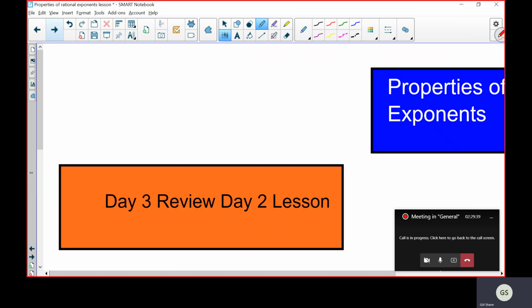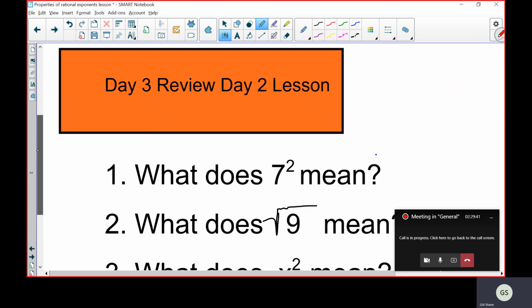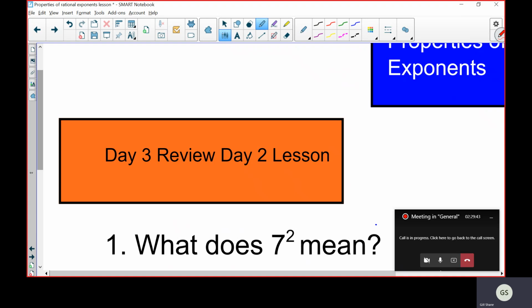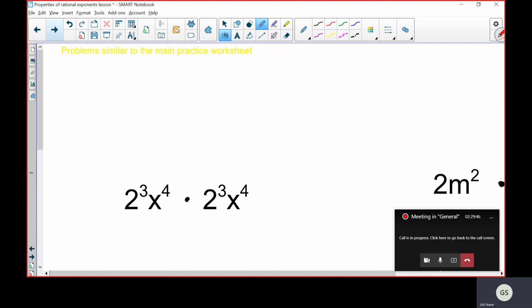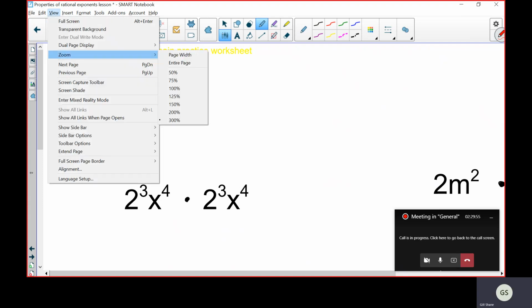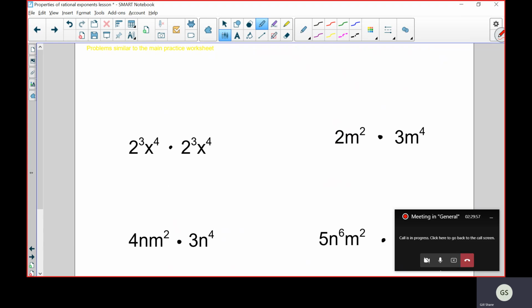That was the work we did. Let's see what's in here. We did all of those. So the rules, obviously the rules are on there. Let me zoom out. So there are some practice problems. Why don't you try those?